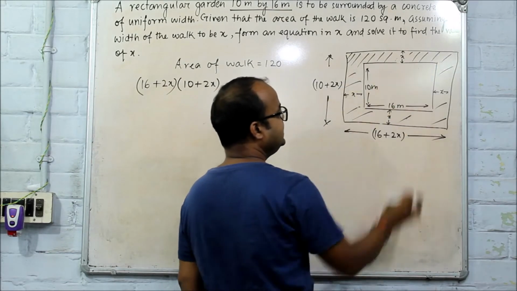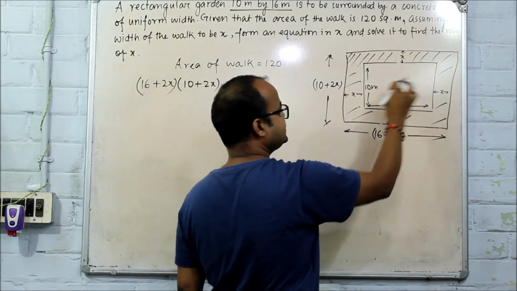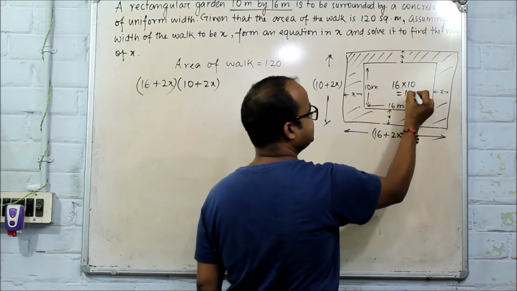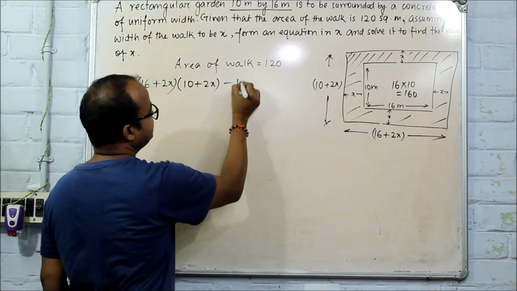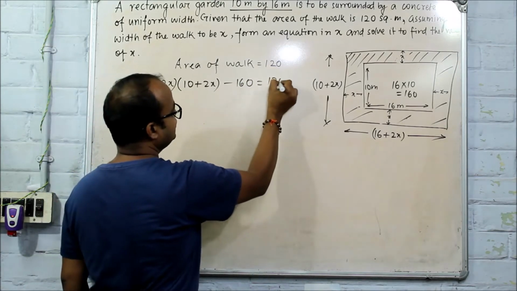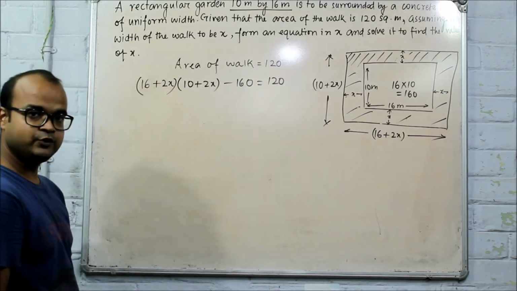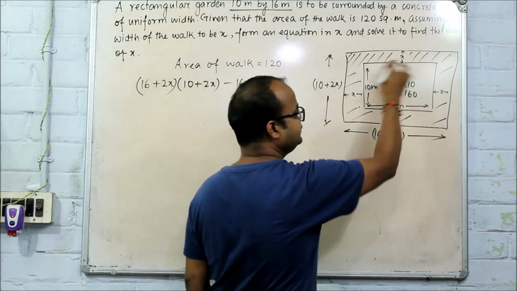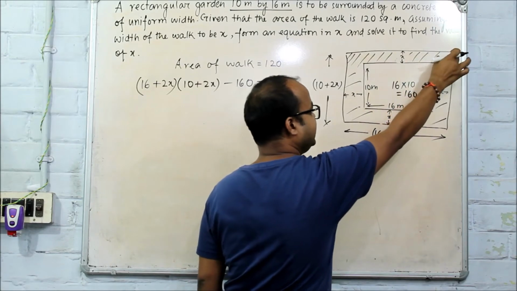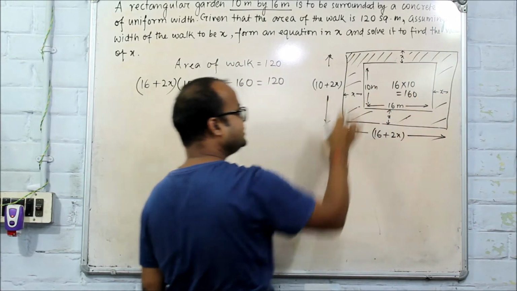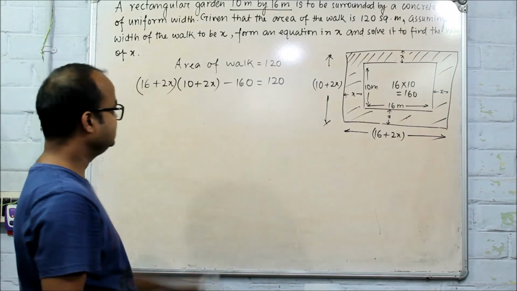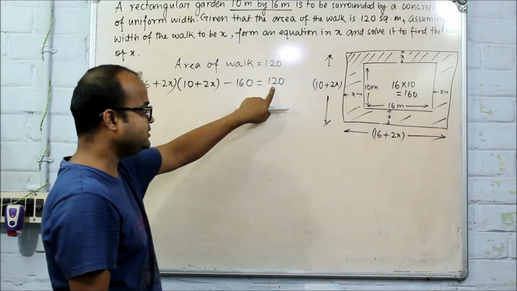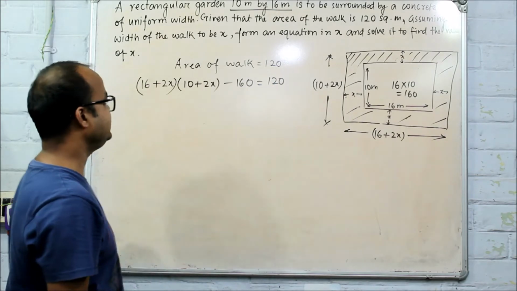Now from this, if you subtract the area of the internal rectangle, that is 16 into 10, that is 160, so minus 160, you will get the area of the walk, which is 120. Clear? So from the external, if you subtract the internal, the area left is the area of the walk, which is given as 120.